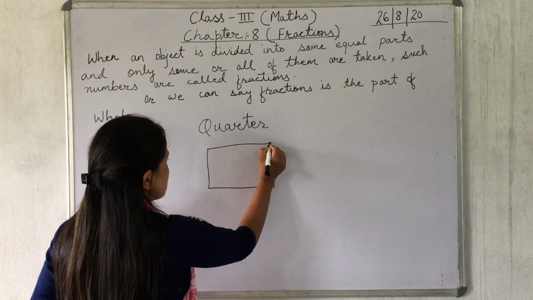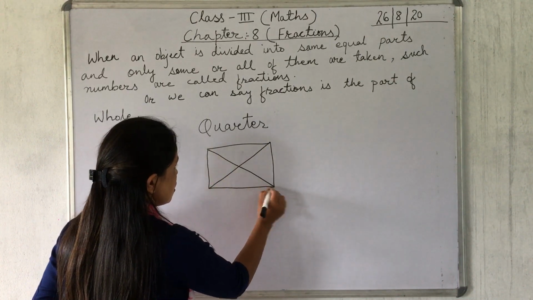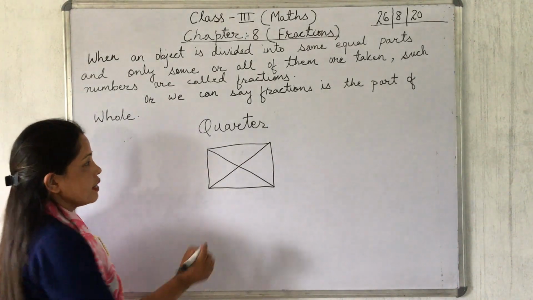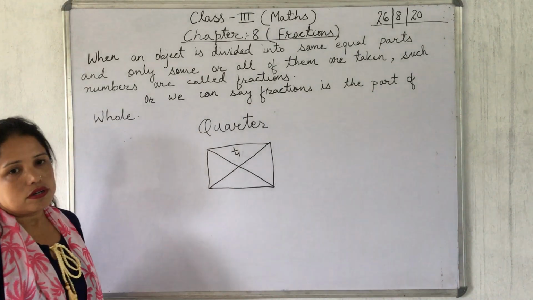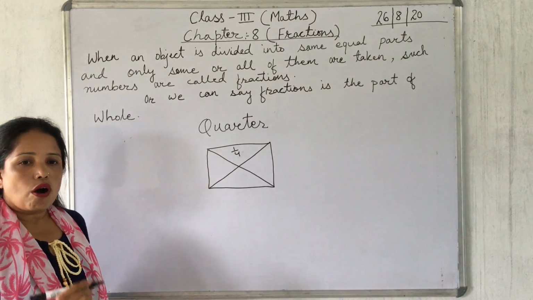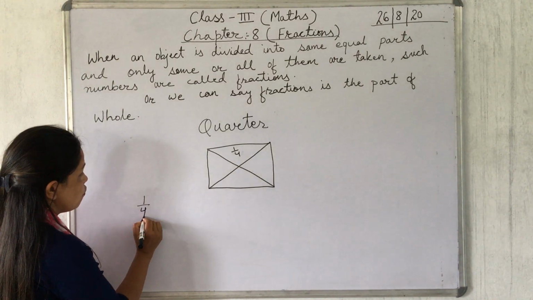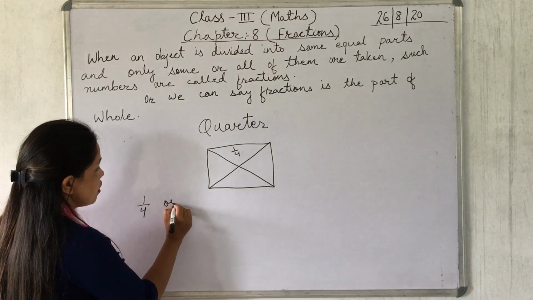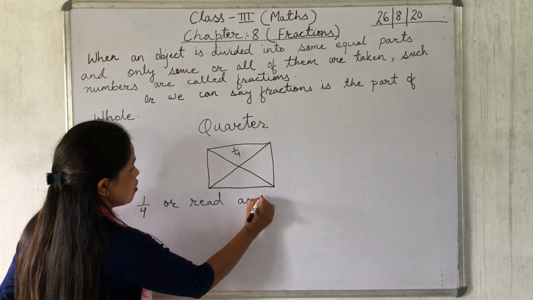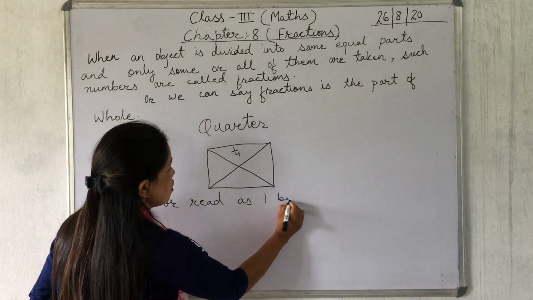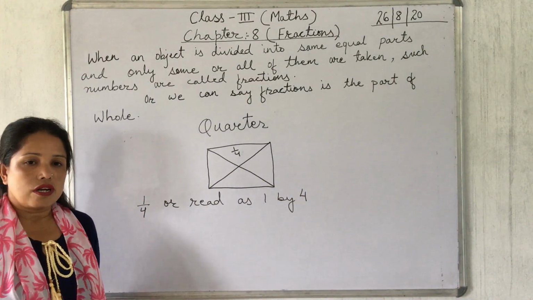When we divide this into 4 equal parts, each part is called a quarter. We can write it as 1 by 4, or read it as 1 by 4. Is that clear, children?